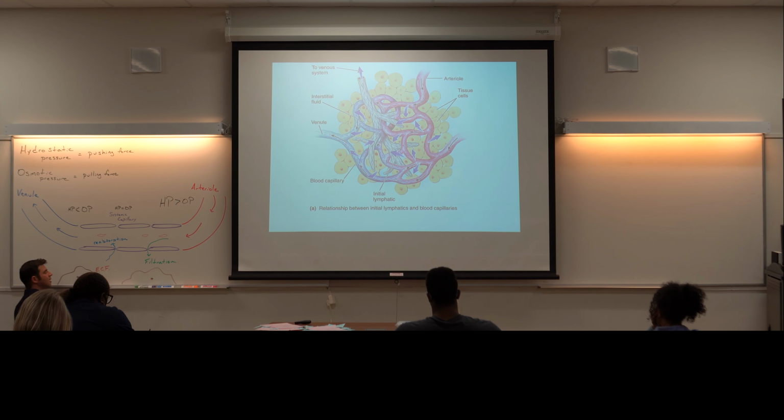We've got this fluid in between cells, and that fluid is going to be receiving stuff from the capillaries. At the arterial end, filtration is going to dominate, and at the venule end, reabsorption is going to dominate, the dominant force of osmotic pressure over hydrostatic pressure.